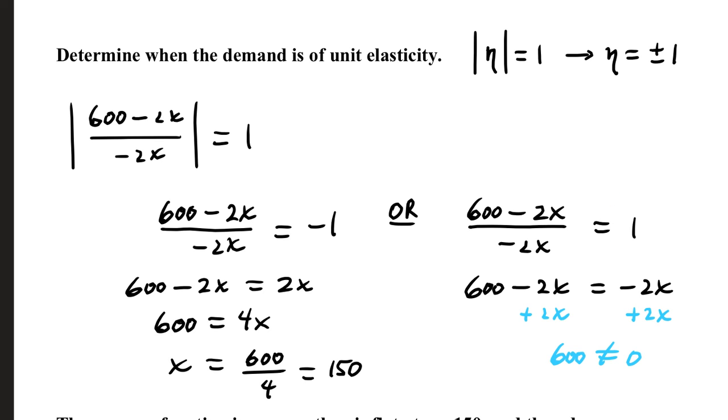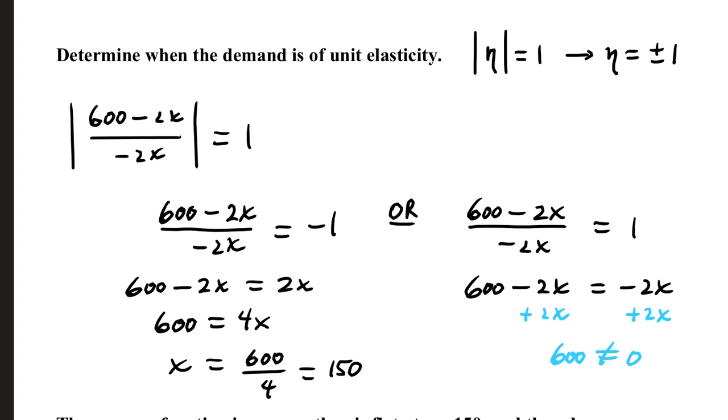When you do the math, only one of these will make sense. Multiply both sides by negative 2x. Negative 1 times negative 2x is positive 2x. Add 2 x's to both sides, that's 4x equals 600, telling us that x can be 150. In the other case, when we have eta set equal to 1, multiply by negative 2x. 1 times negative 2x is negative 2x.